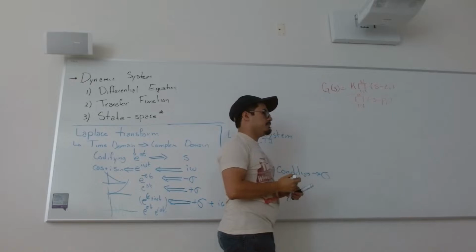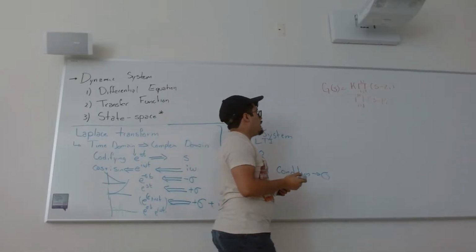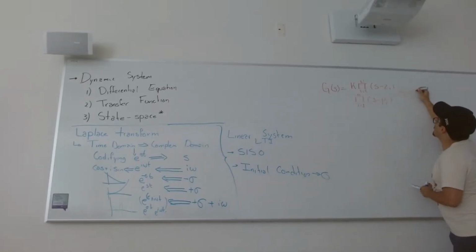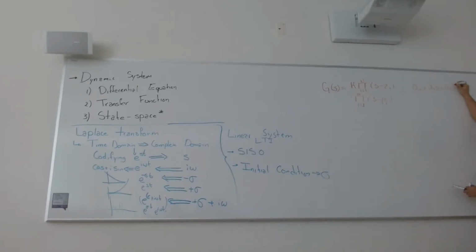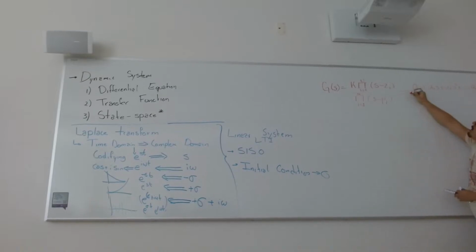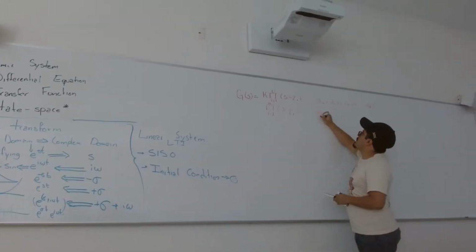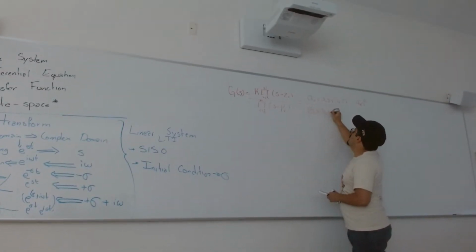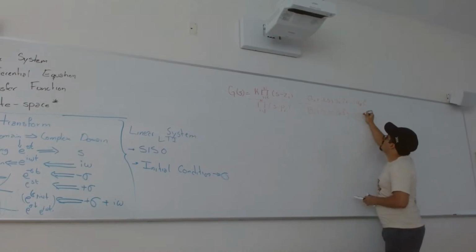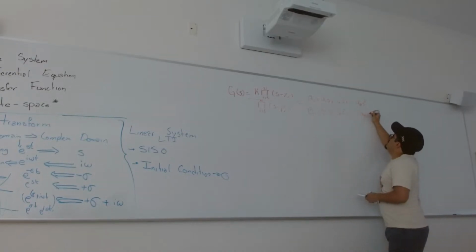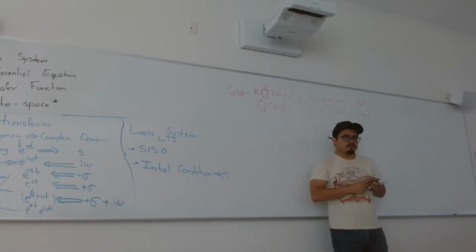Okay, right? When expanding, I have something like this: a0 plus a1 s plus a2 s squared, and so on, up to an s to the n, over b0 plus b1 s plus b2 s squared, and so on, up to bm s to the m.